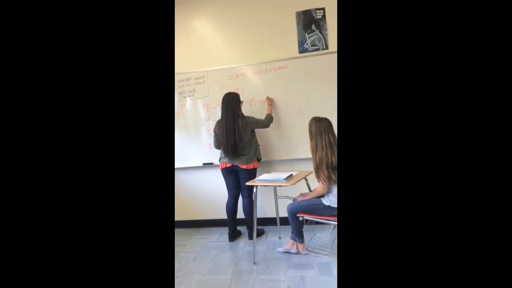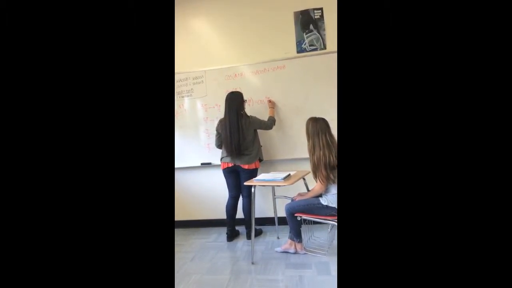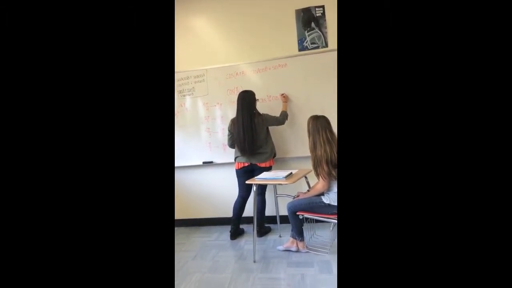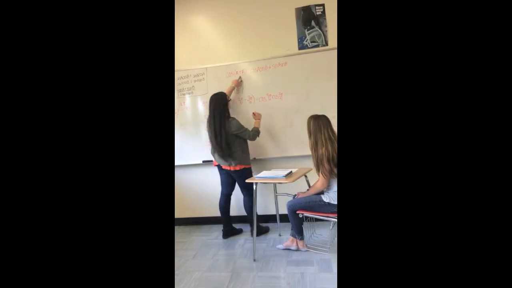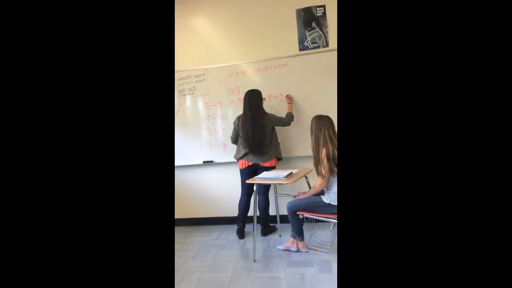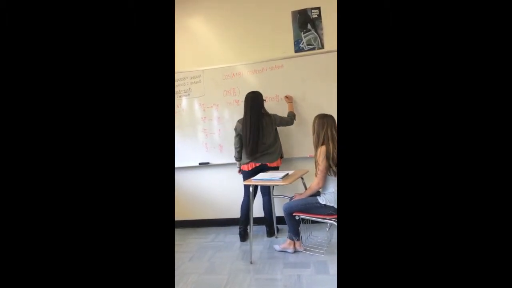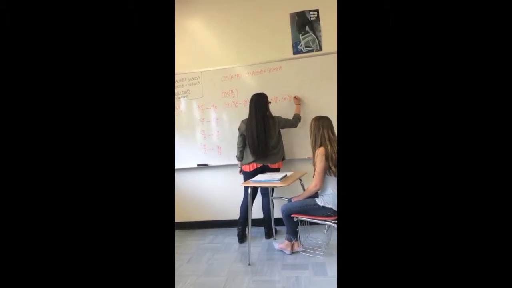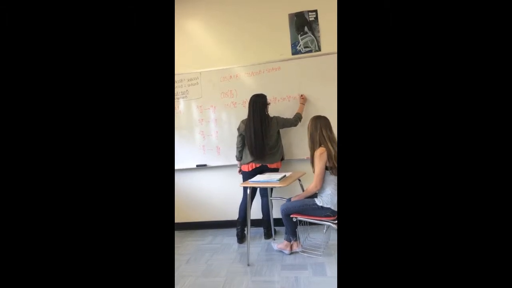Cosine of 5 pi divided by 6 times cosine of 3 pi divided by 4. Now, since it's a difference, we switch the signs, plus sine of 5 pi divided by 6 times sine of 3 pi divided by 4.